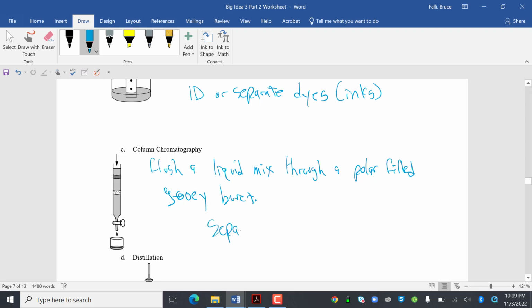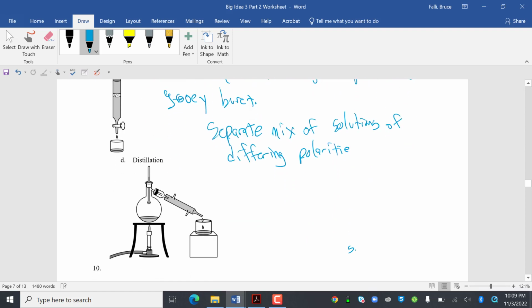Separate mixtures of different polarities. Mixtures of solutions of differing polarities.